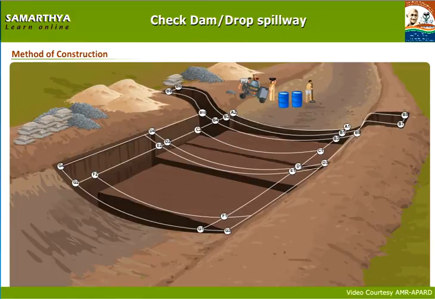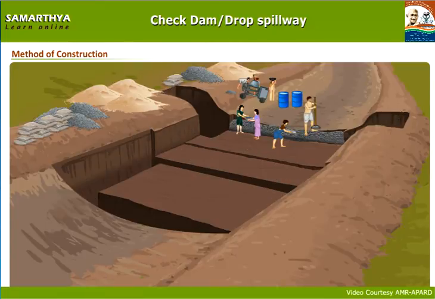Construction procedure for check dam. After mixing the concrete mixture as per the above procedure, apply 1:4:8 concrete at the center of A1, A2, B2, B1, which shows upstream side cut-off wall, and consolidate it with a rammer.